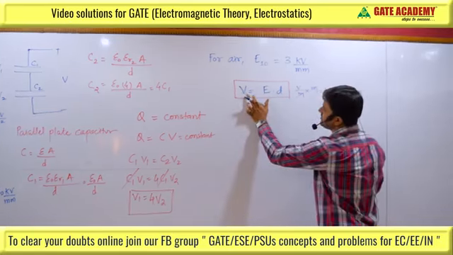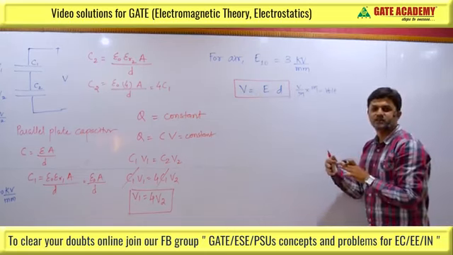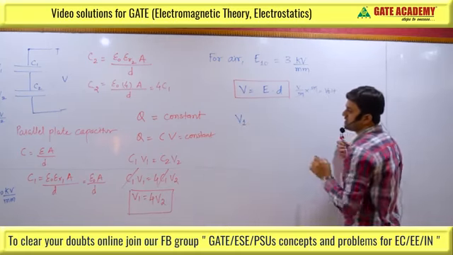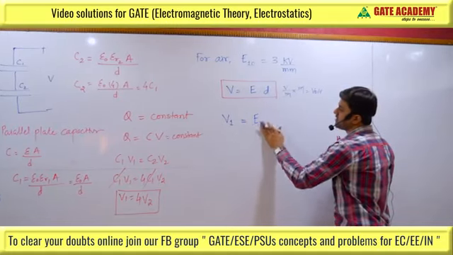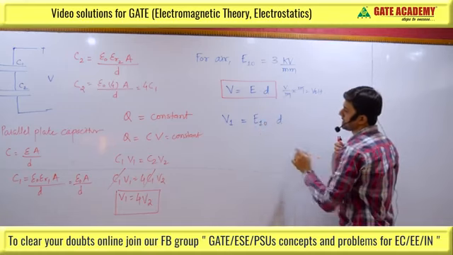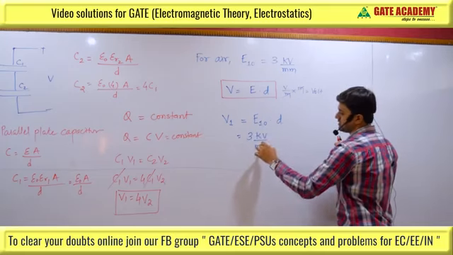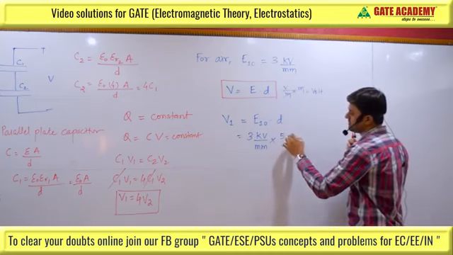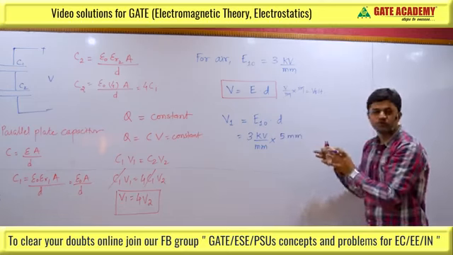So now from here we can calculate the potential across the first capacitor C1. That is nothing but V1, and this V1 equal to E10 into D. E10 is 3, distance is 5 mm, it is given that air is filled up to 5 mm.